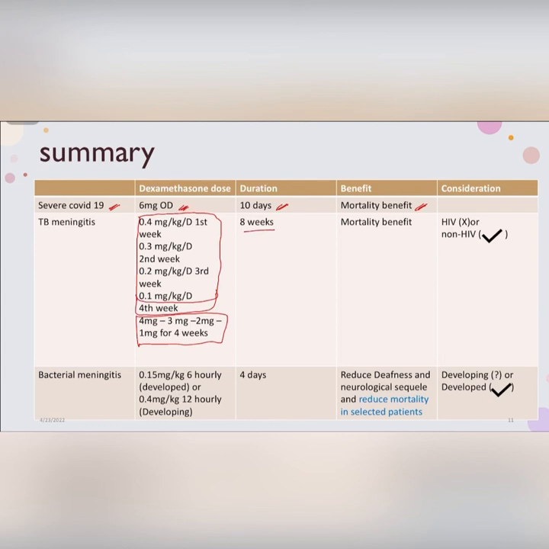Duration is 8 weeks. It also has mortality benefit, but evidence shows only for patients with non-HIV.